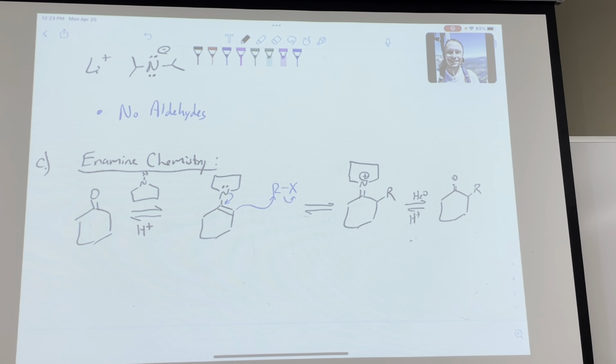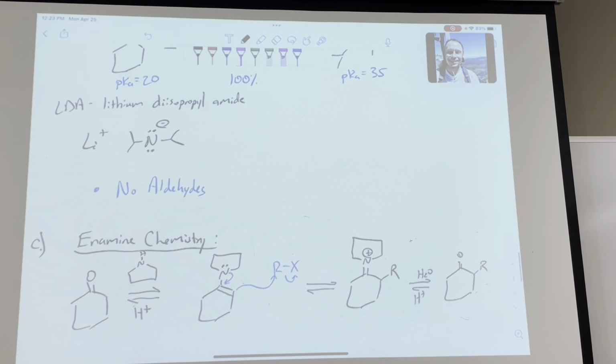Now the reason why I say this is a superior method is because not only can you use aldehydes here, unlike the previous two, but this is done under very, very mild conditions. Whereas to do the previous method, you needed very, very strong base.